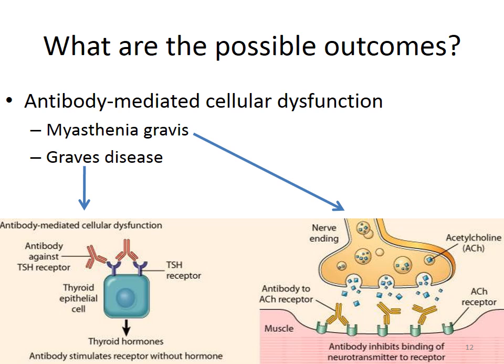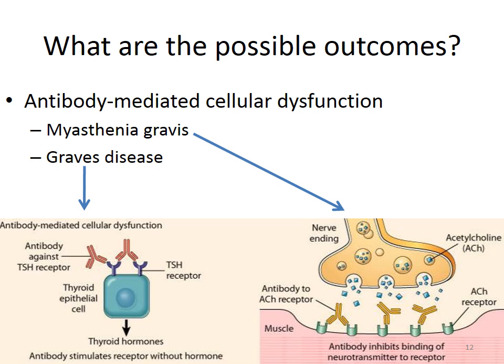So what happens is you can appreciate in this picture that these antibodies have specificity to the TSH receptor on thyroid tissue, and they actually stimulate the activity of that thyroid cell without any TSH available.